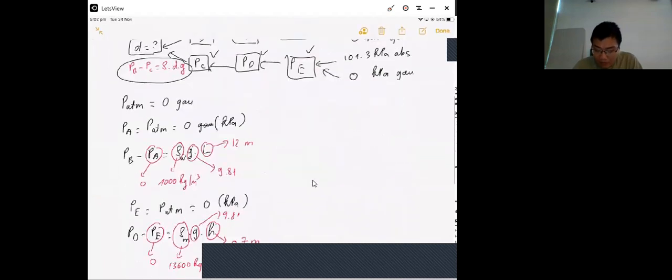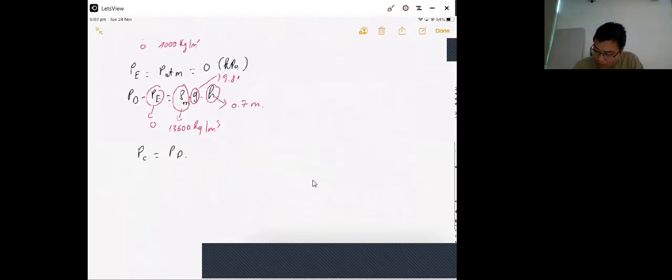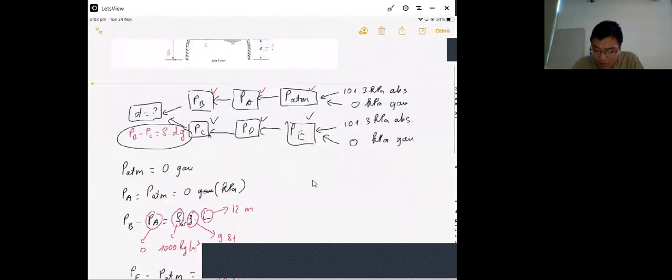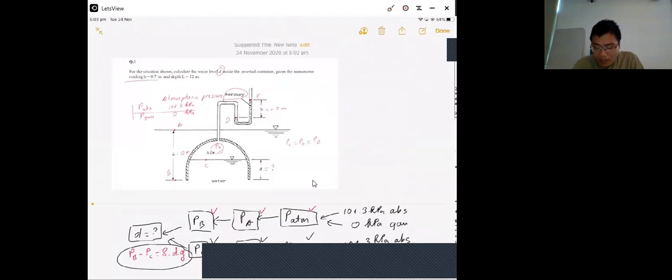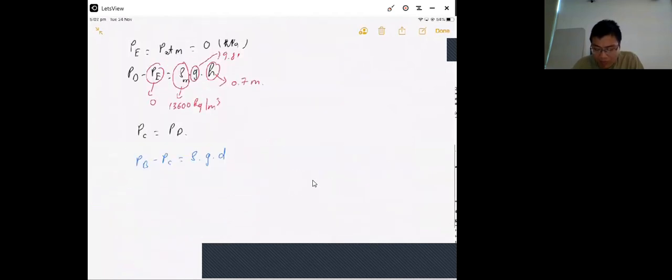For the distance between B and C, you will have PB minus PC equals rho g D, and between B and C is water, and B is below C. So PB minus PC equals rho of water g D, and you will have D equal to PB minus PC over rho of water g.